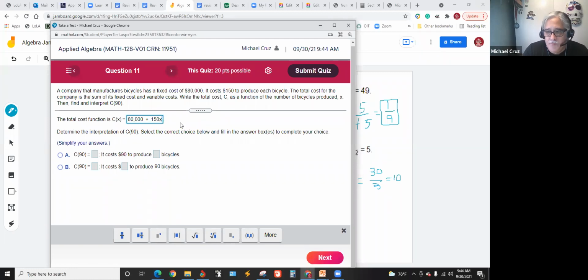All right. So there's the function. You could swap it around 150x plus 80, and it'd be in the y is equal to mx plus b format. As a matter of fact, let's go ahead and do that just to be consistent.